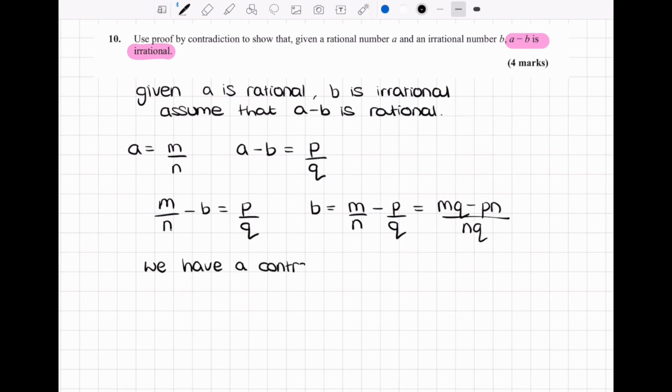So there is our contradiction, since b is m times q minus p times n over n times q. So therefore, we have that a minus b must be irrational.